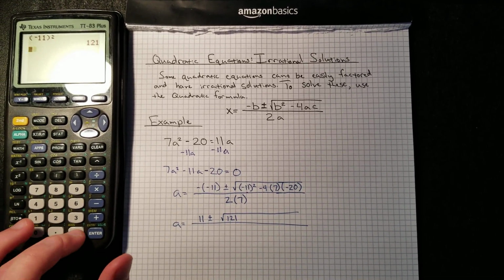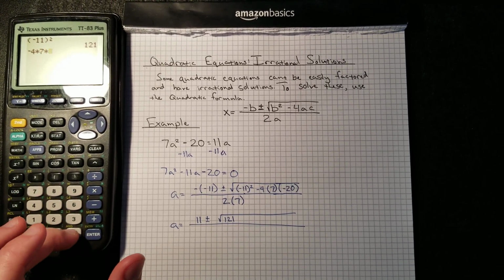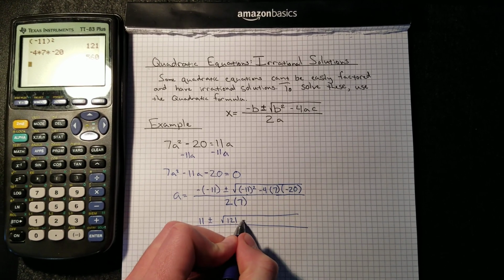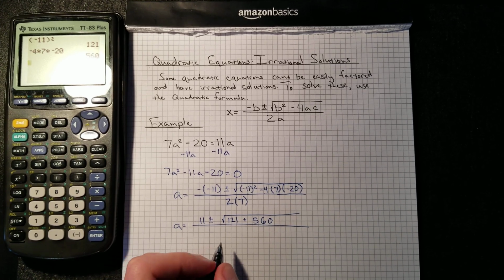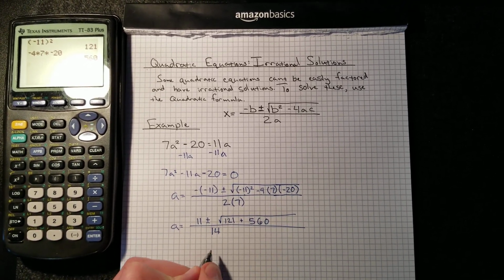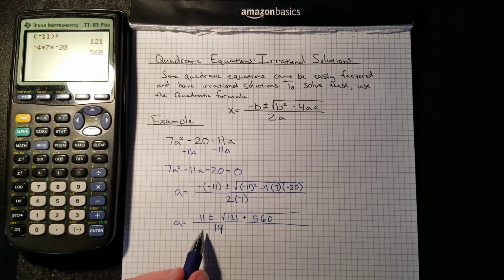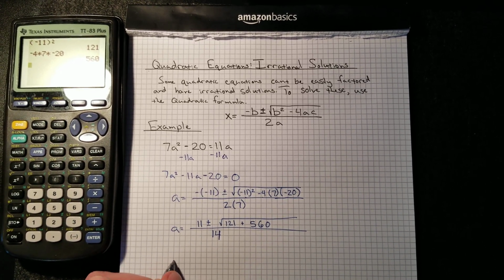And then we're going to do negative 4 times 7 times negative 20, so that is plus 560. And on the bottom, 2 times 7 is 14. So 11 plus or minus the square root of 121 plus 560, all divided by 14.